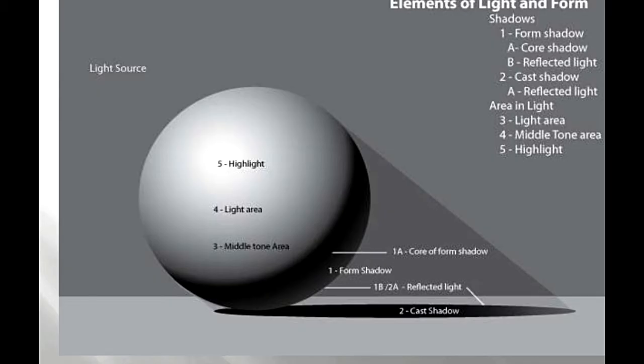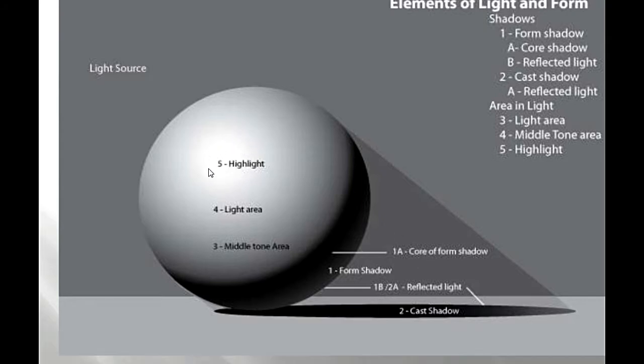Elements of light and form. Shadow. Form shadow. A. Core shadow. B. Reflected light. Number 2. Cast shadow. A. Reflected light. Area in light. Number 4. Middle tone area and highlights at number 5. So ito yung guys.